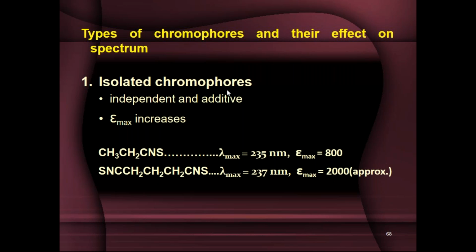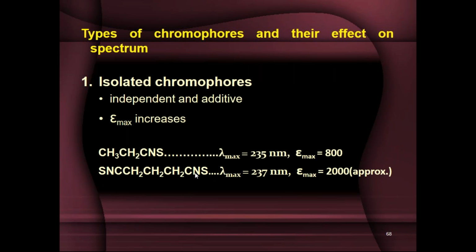And what are isolated chromophores? They are two chromophores that are separated by at least two single bonds. It could be more, it should not be less. So you have two chromophores separated by at least two single bonds, and they are called isolated chromophores.